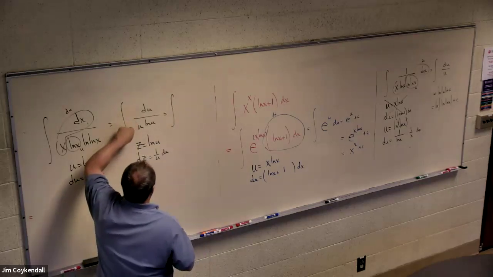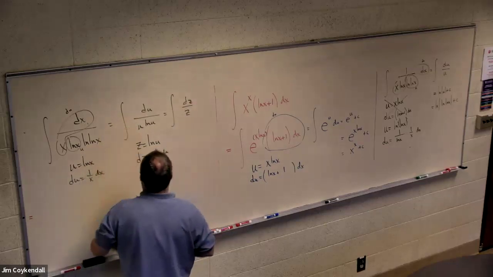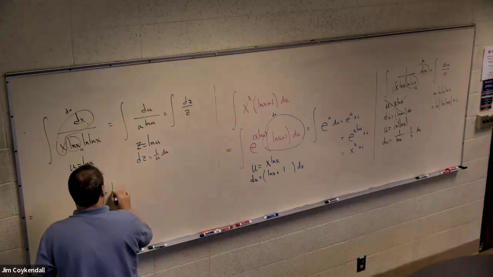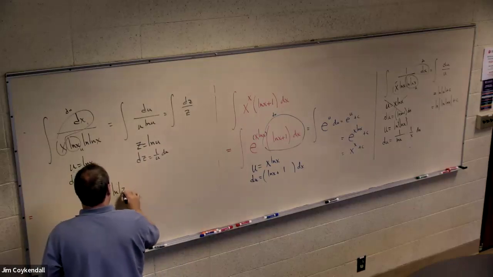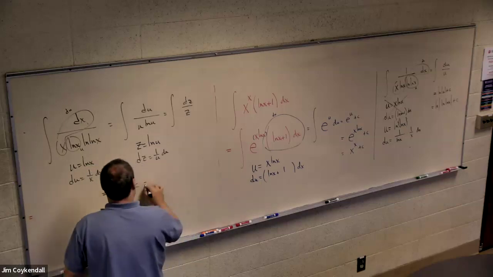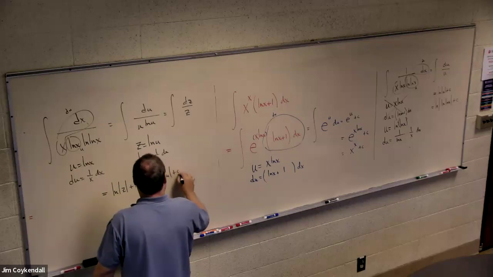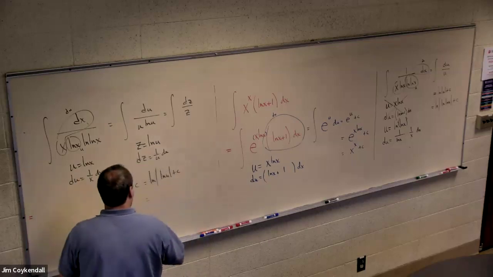And now du over u is dz. So I get natural log absolute value of z. Let's see, z is log u, and u is log x.